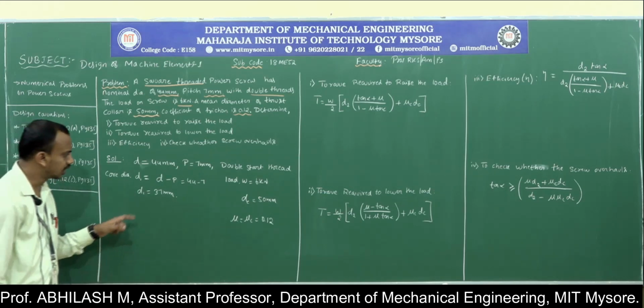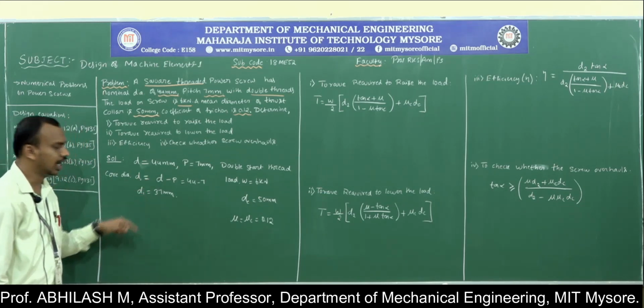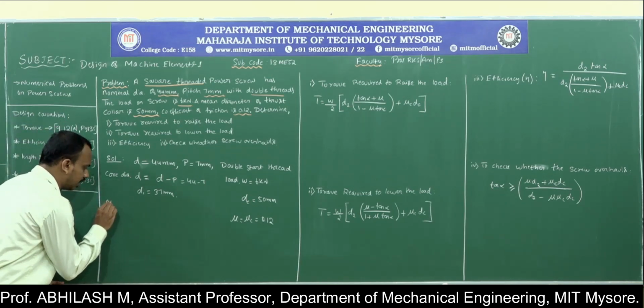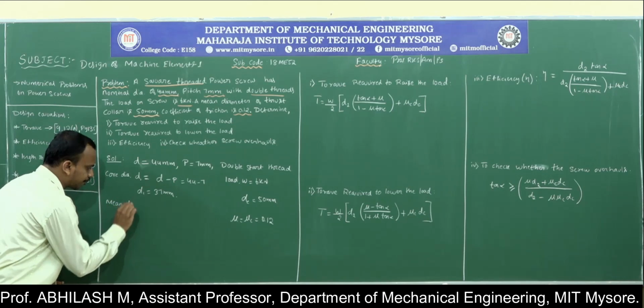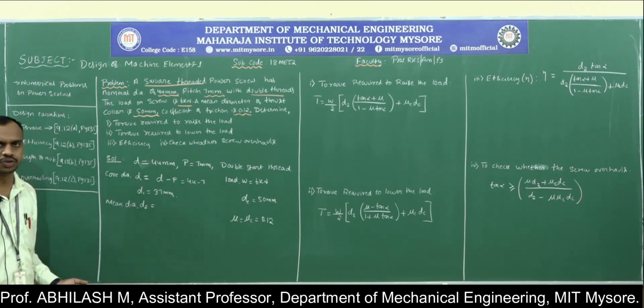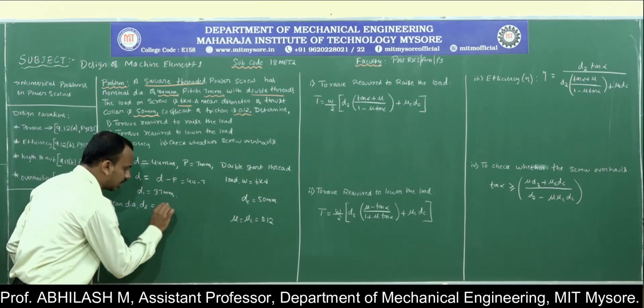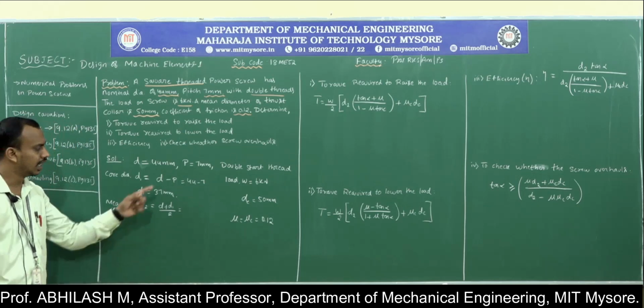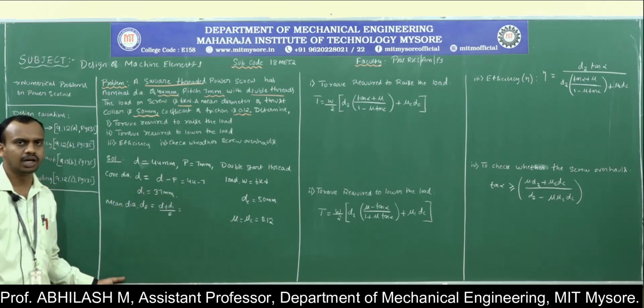Next, I need to calculate what? The mean diameter. So how do I calculate the mean diameter? Mean diameter is denoted by D2. There are two ways to calculate. Either I can write D plus D1 divided by 2, or I can also do D minus P divided by 2.